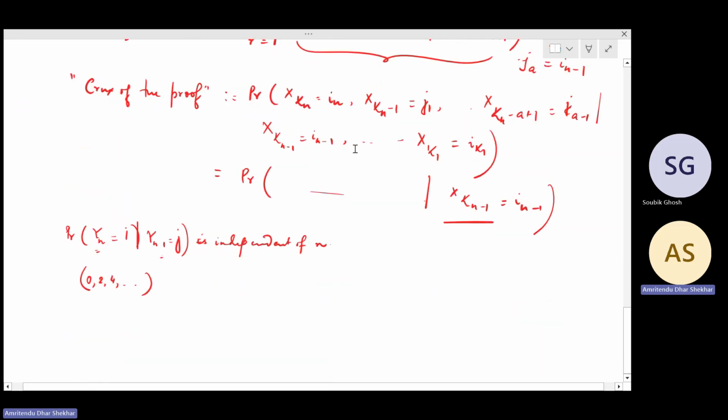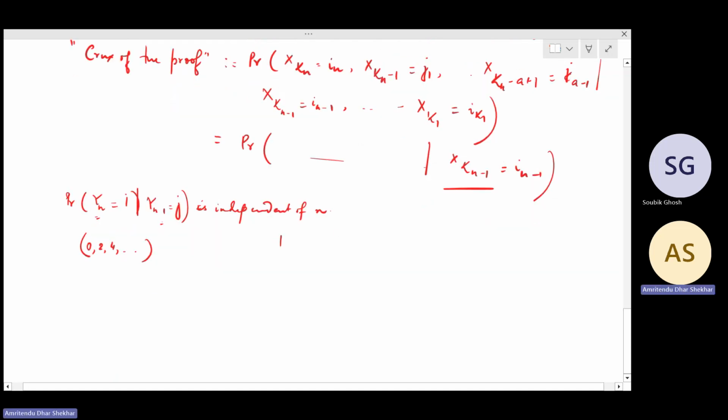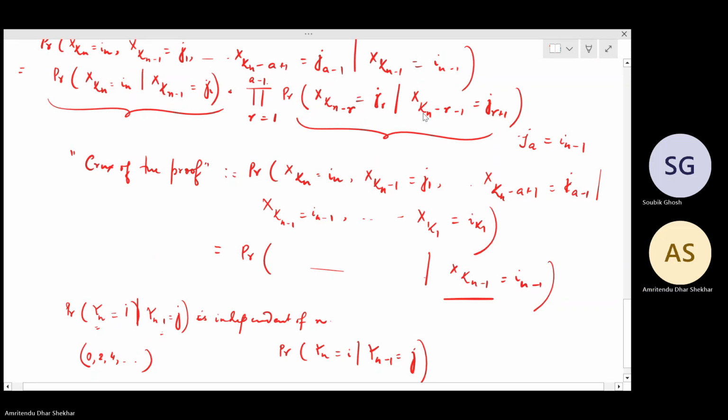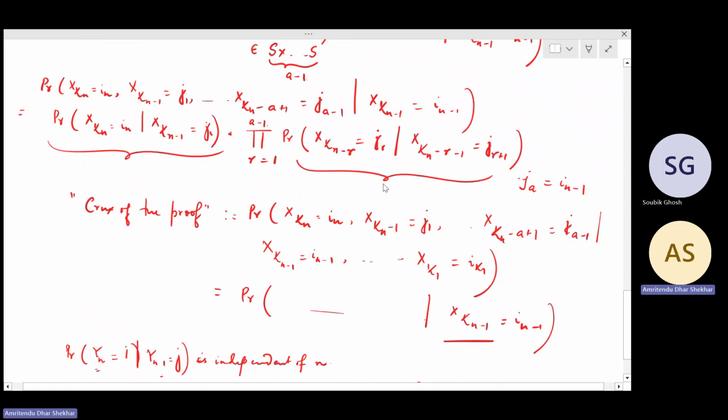So if we want to compute this transition, the probability of y_n = i given y_{n-1} = j, if you follow this derivation, what does it come out to be equal to?